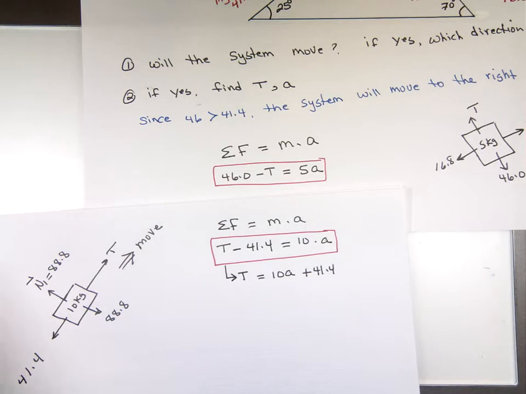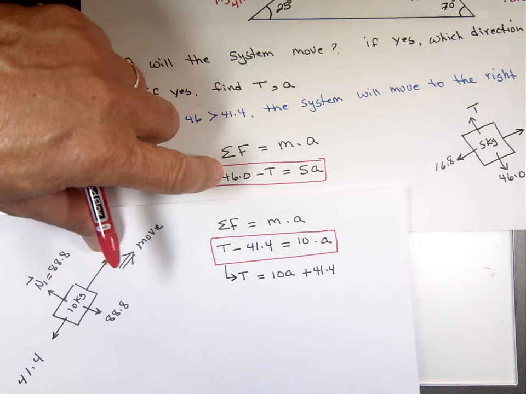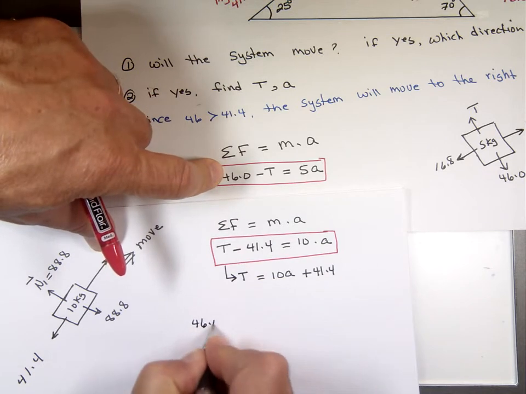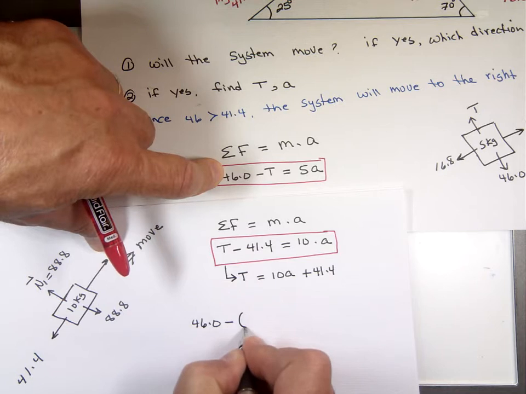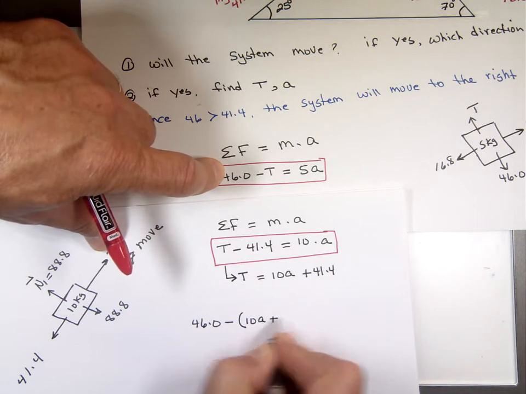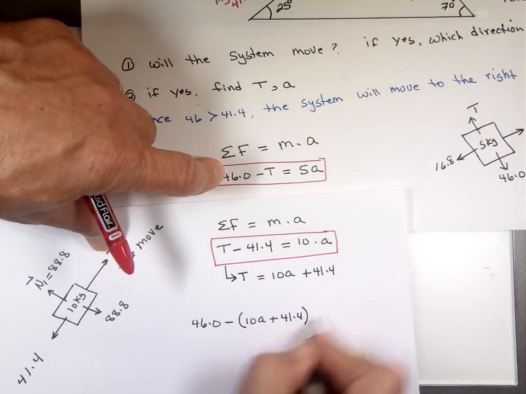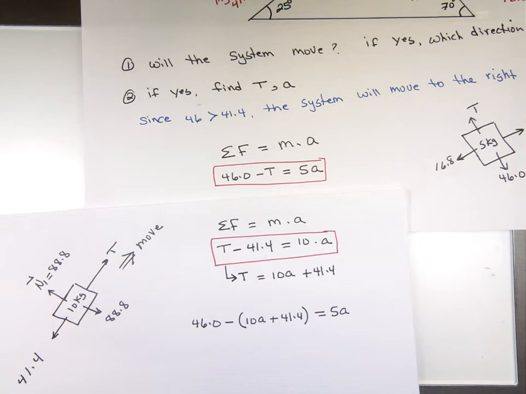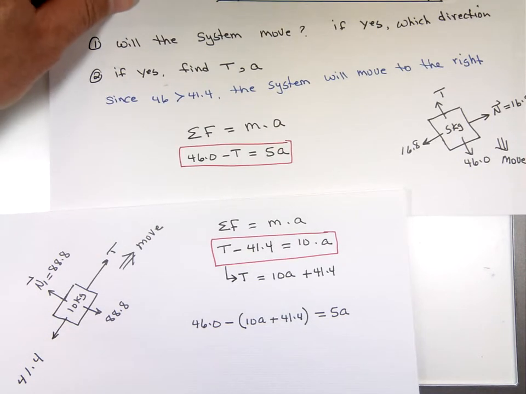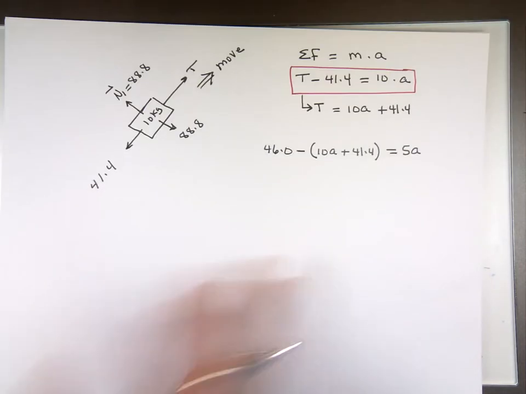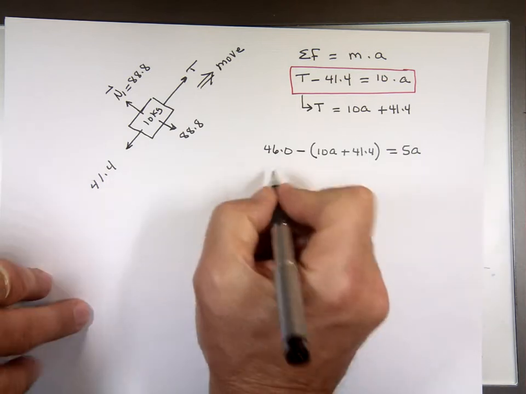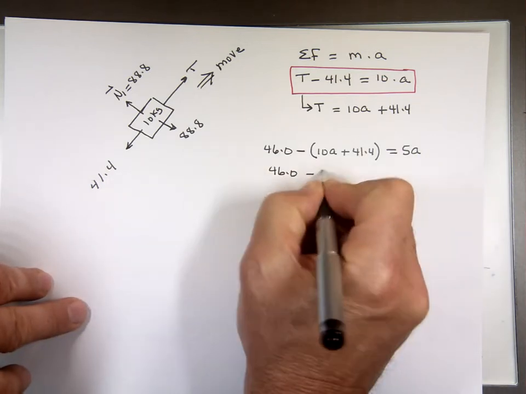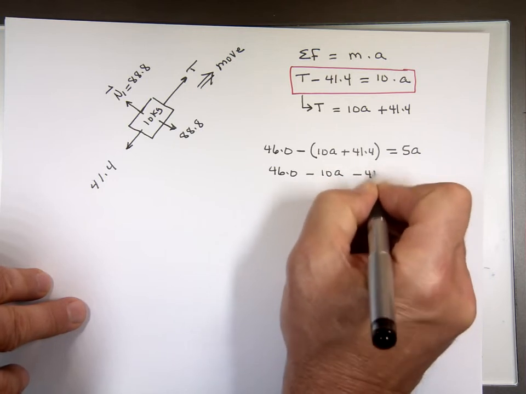Now we take this equation, the top one, which is 46.0 minus T. In place of T, let's put what? 10a plus 41.4 equals 5a. So 46.0 minus 10a minus 41.4 equals 5a.